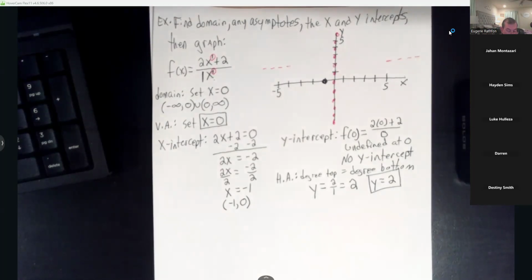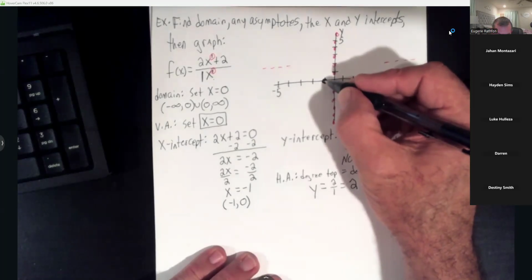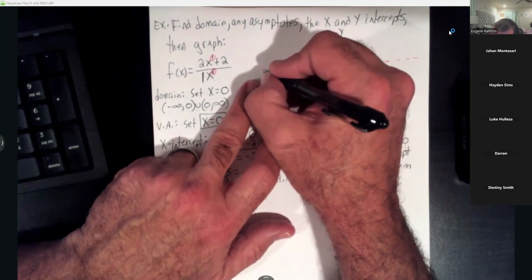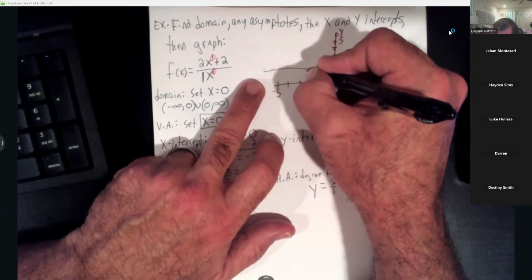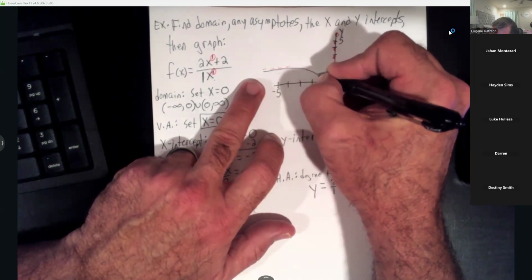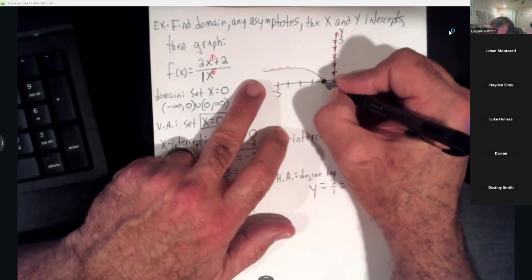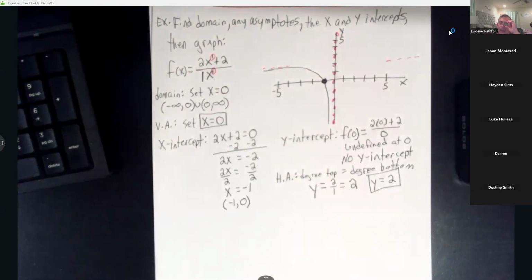All right, so the only question is what to do with this graph. So remember, it's trying to approach this 2 up here. It's going to come down, cross over that x-axis at that point, and then it's going to shoot downhill.